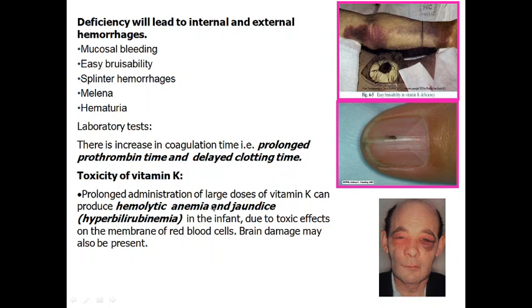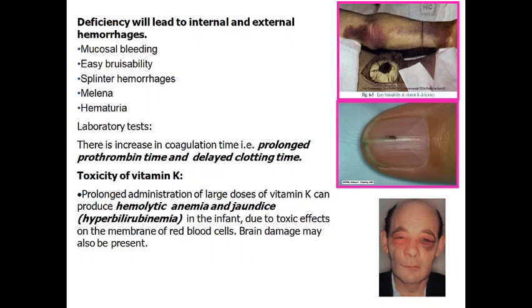If there is any toxicity of vitamin K, yes, if vitamin K is administered for a prolonged time and in large doses, it can cause hemolytic anemia and jaundice in infants, due to toxic effects on the membrane of red blood cells. Brain damage may also be present.